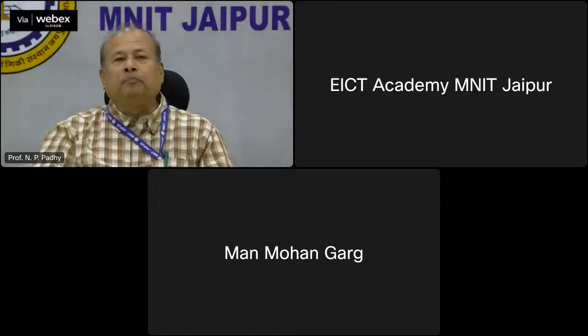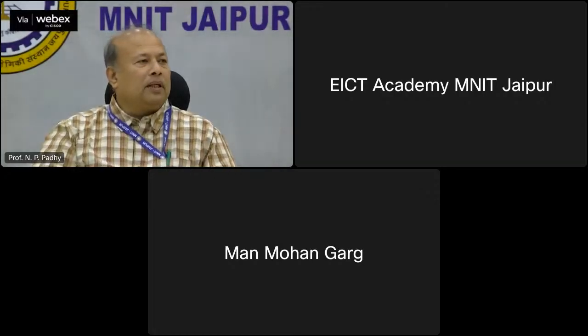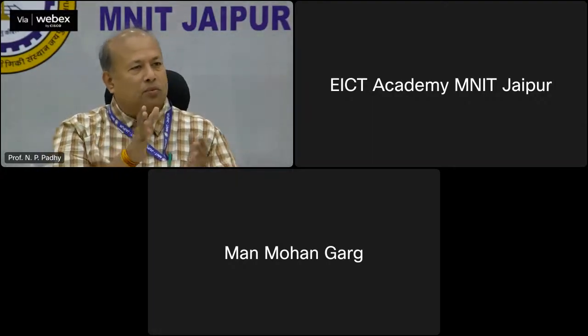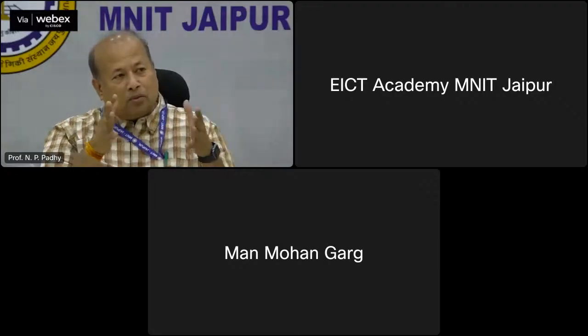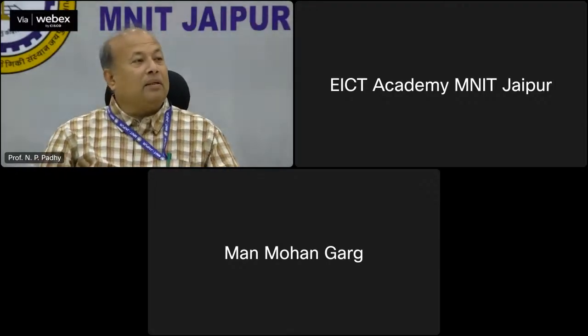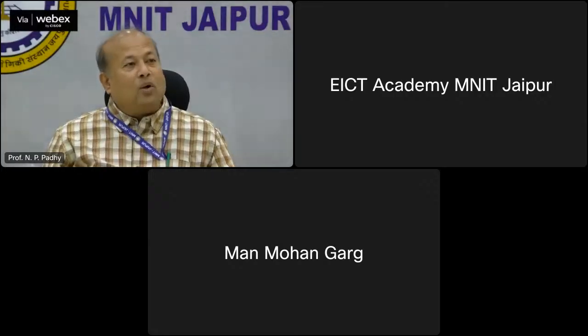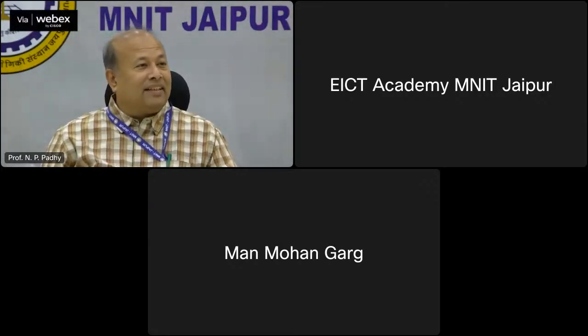So we have to make sure that electric vehicle charging infrastructure management is one aspect. But to accommodate those 5 crore electric vehicles in the next 5 years on the road, how many charging stations do we require? One charging station can accommodate, let's say, 4 to 5 vehicles.